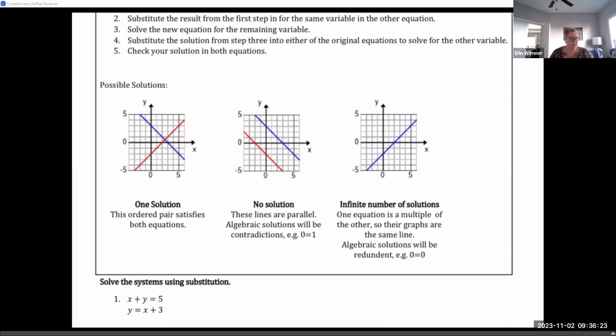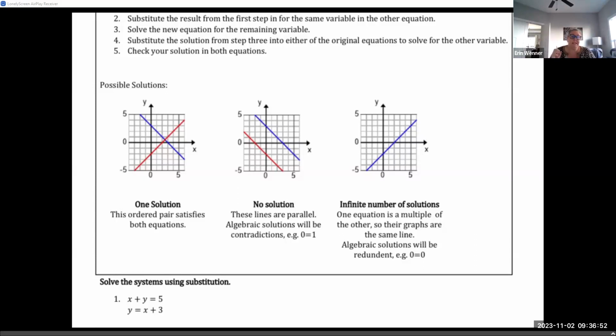Parallel lines have the same slope, and when we're solving this algebraically, we get something called a contradiction, right? It's where we're solving and suddenly we get something like 0 equals 1. And we're like, no, it doesn't. These are very different values, okay? And so if we were solving this algebraically and we get something like that, then that would lead us to say, oh, these are parallel lines, there's no solution.